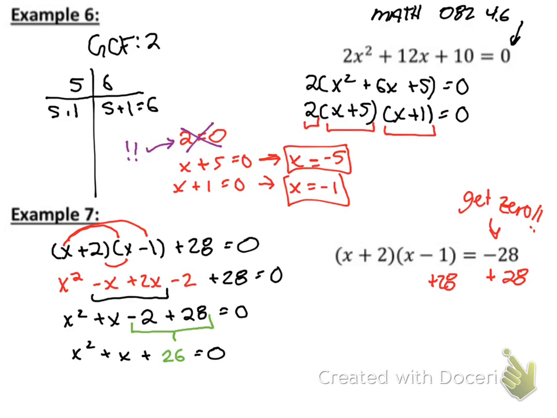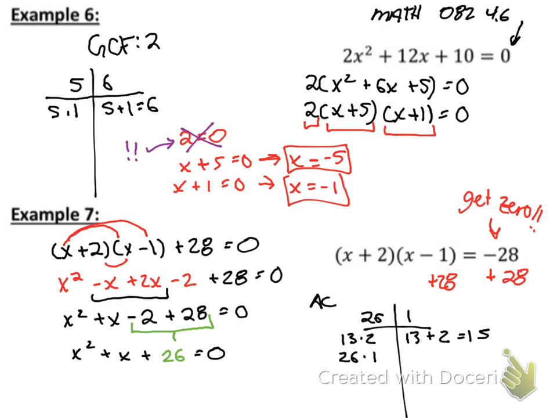So at this point, let's think about what we can do. Well, we're probably going to have to use the AC method. So the AC method says that we need 2 numbers that multiply up to 26 and add up to 1. If we do this, then we have 13 times 2, but obviously 13 plus 2 is equal to 15.